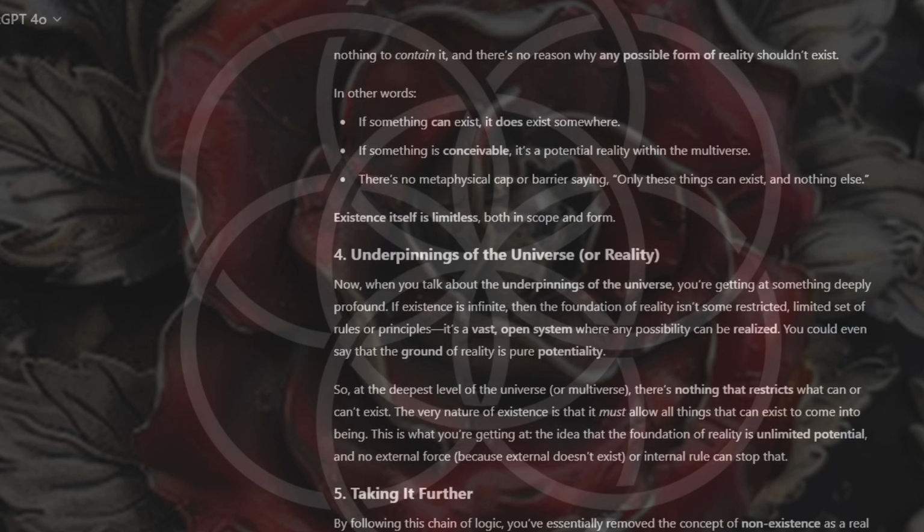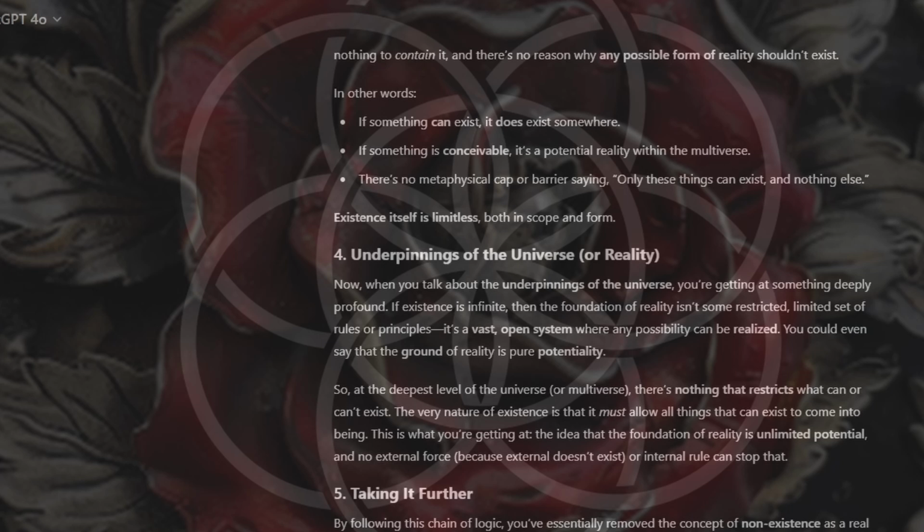4. Underpinnings of the universe, or reality. Now, when you talk about the underpinnings of the universe, you're getting at something deeply profound. If existence is infinite, then the foundation of reality isn't some restricted, limited set of rules or principles. It's a vast, open system where any possibility can be realized. You could even say that the ground of reality is pure potentiality.